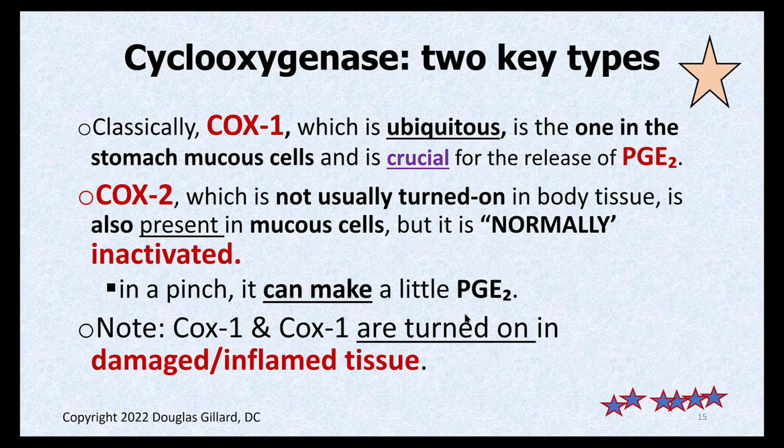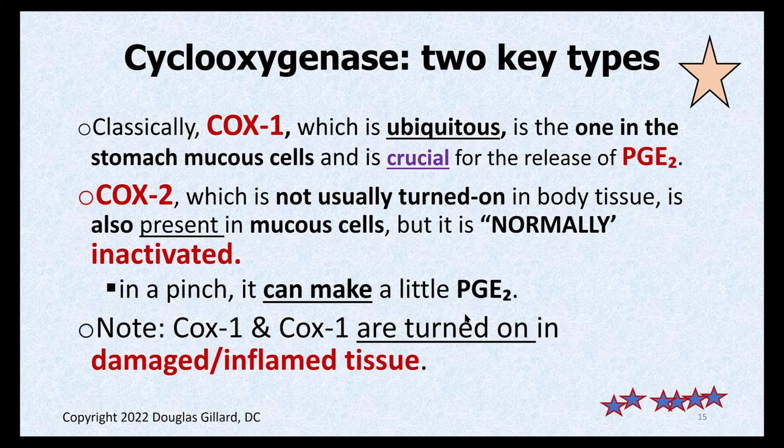Right, so there's actually two cyclooxygenases. COX-1 is ubiquitous, meaning it's everywhere in the body, and that's amongst other things. It causes pain. It can get onto nerve endings, as we'll see, and stimulate them and creates the sensation of pain. But in the mucose cells, it makes PGE2. There's also a COX-2, which is normally non-functional in mucose cells.